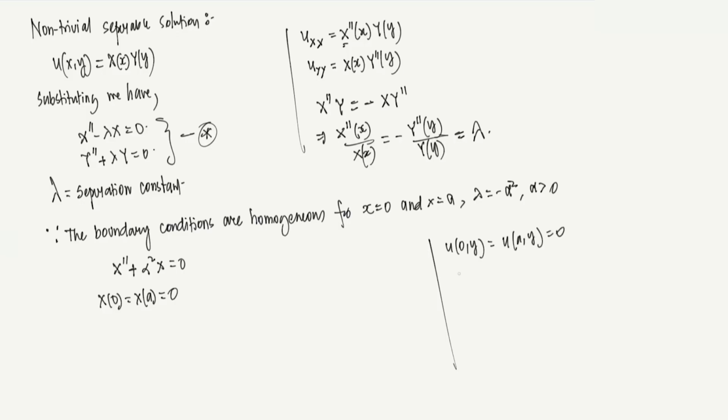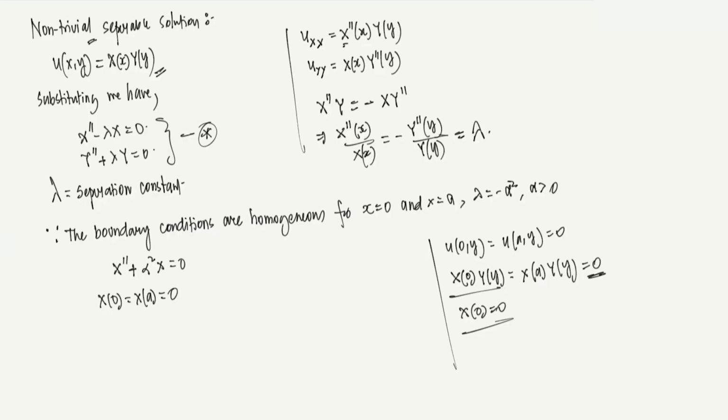This is given, right? So if you put it together, it becomes X of 0 times Y of y, and this should be X of a times Y of y, equals 0. So X of 0 times Y of y equals 0. So it means X of 0 has to be 0. Why? Because otherwise, if Y of y is 0, it means that your solution u has to be 0. But we have assumed that this is a non-trivial solution, right?